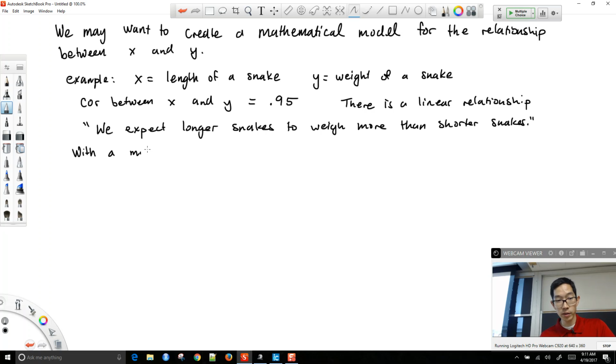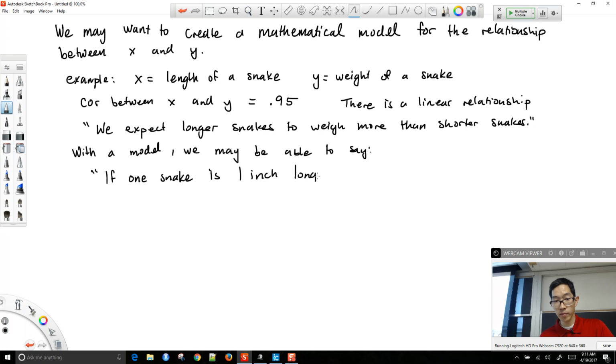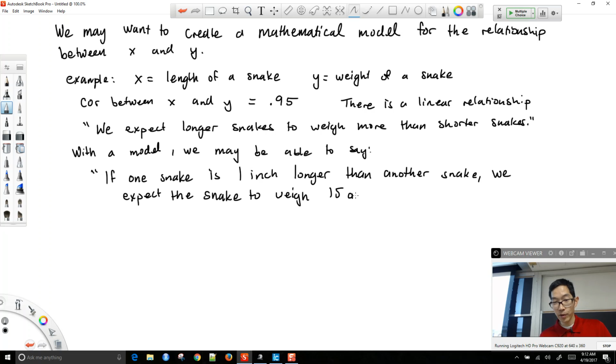With a model, we may be able to say if one snake is 1 inch longer than another snake, we expect the snake to weigh, I don't know, I'm making up a number here, 15 grams more than the other snake.